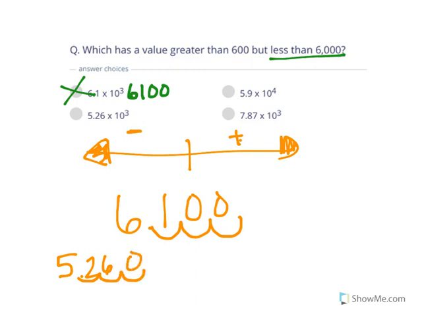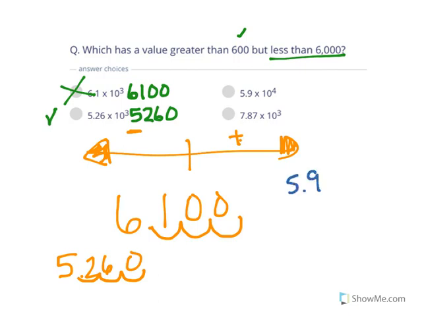So that's equal to 5,260. Well, 5,000 is less than 6,000. Check. It's greater than 600. Check. So this could be a good possible answer. So I'm going to keep looking.